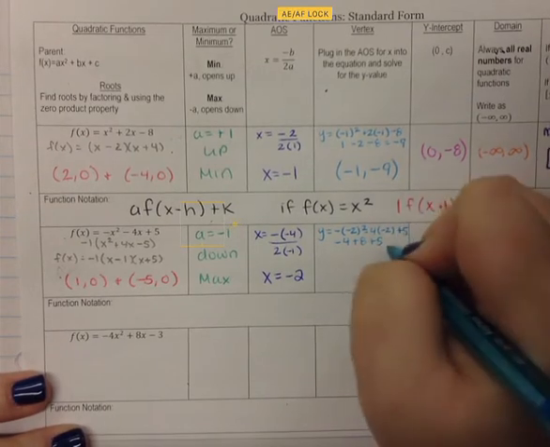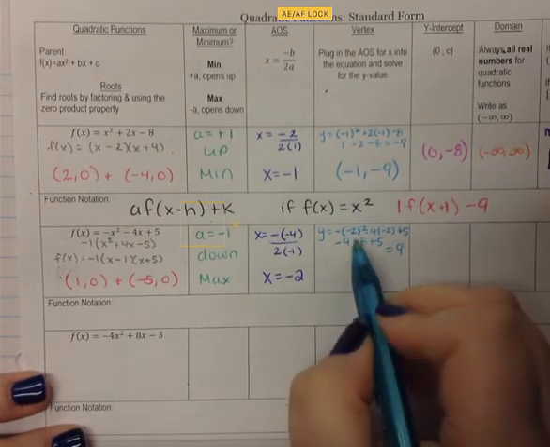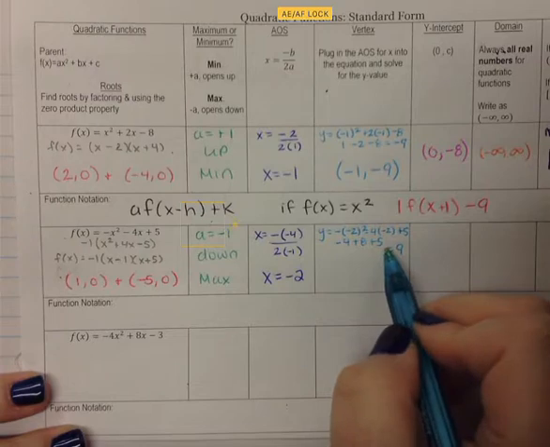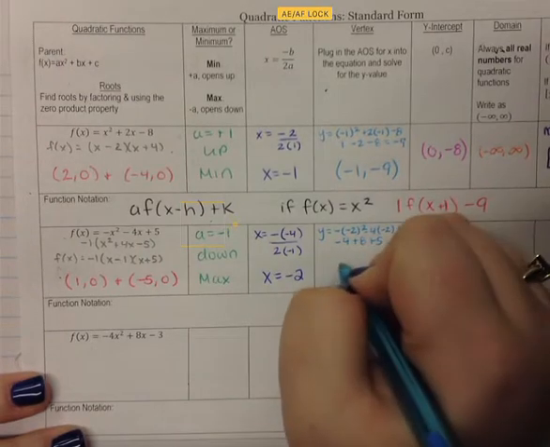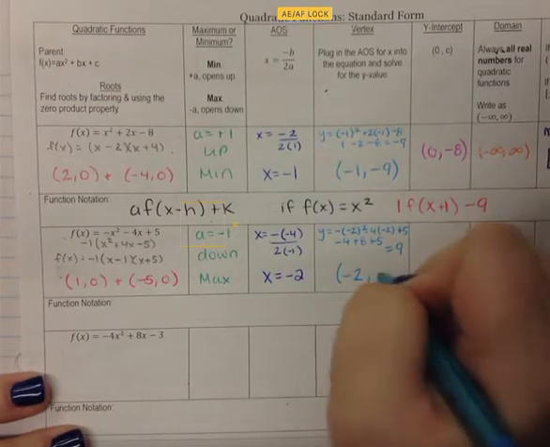So that will equal a positive 9, because that's going to be 4 plus 5 is 9. So our vertex is at -2, positive 9.